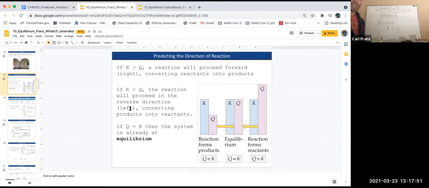And we said when K is greater than Q, the reaction will proceed forward or to the right side or to the product side. If K is less than Q, then the reaction will proceed in the reverse direction toward the reactants. So in this case, K is greater than Q, so it's going to proceed toward the products.